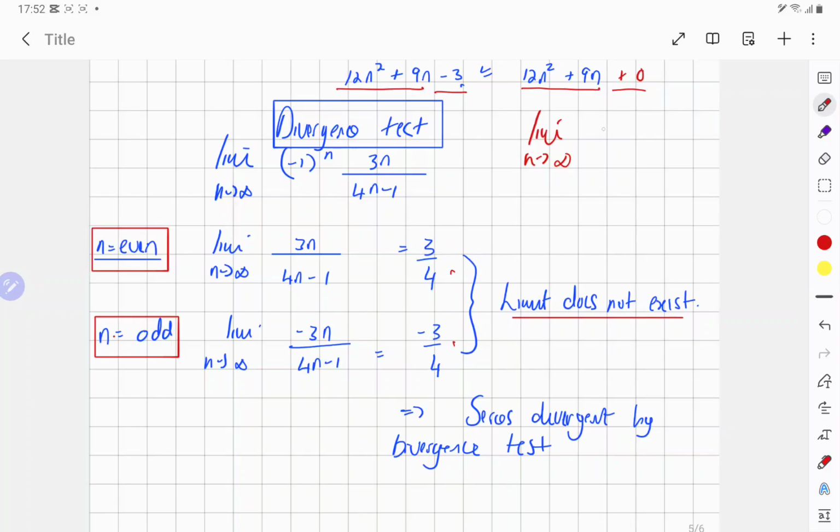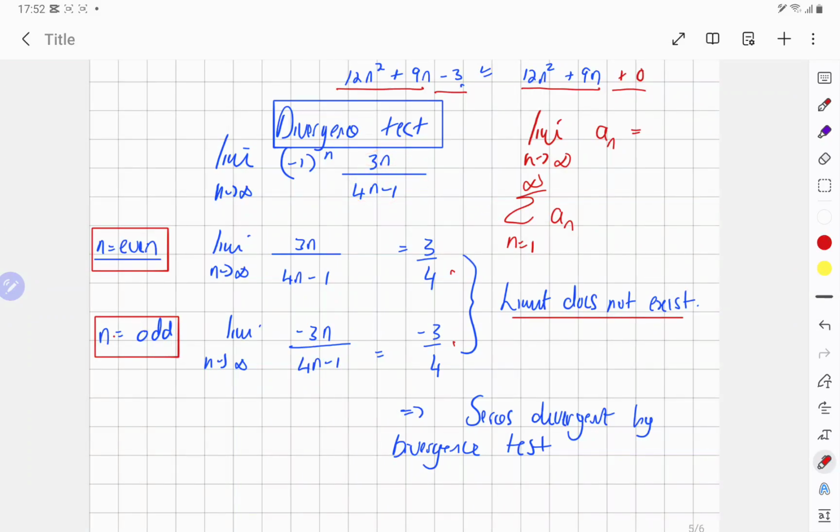The divergence test said that if I have a series from n equals 1 to infinity, I need to take that whole term in my sequence and do the limit. So don't make the common mistake students make here. They will only take the 3n over 4n minus 1.